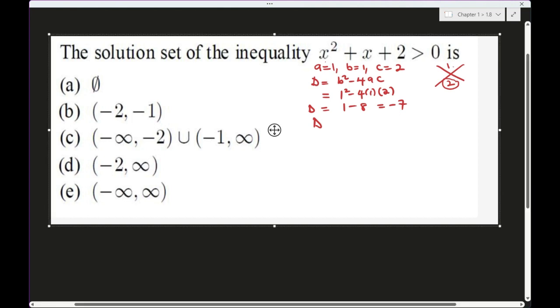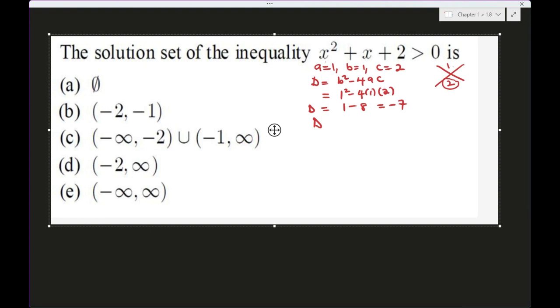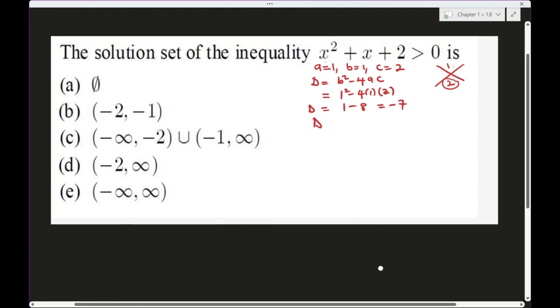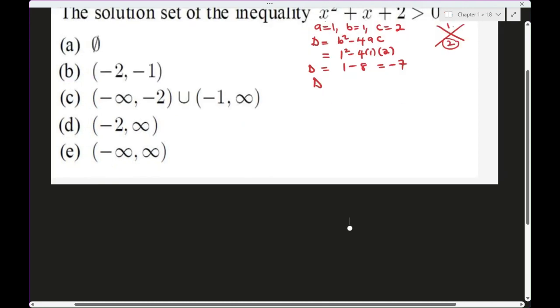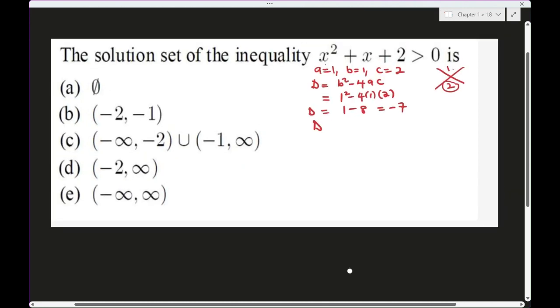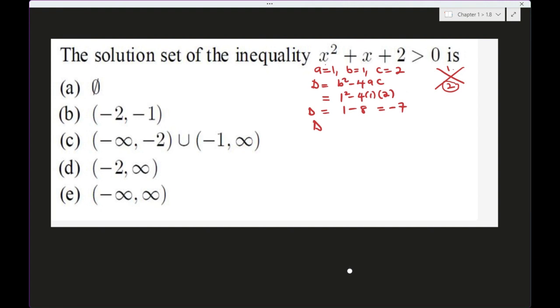So since the discriminant is less than 0, what can we get from here? It means it has a complex solution, which means this quadratic function does not have an x-intercept, so the graph will never cross the x-axis.